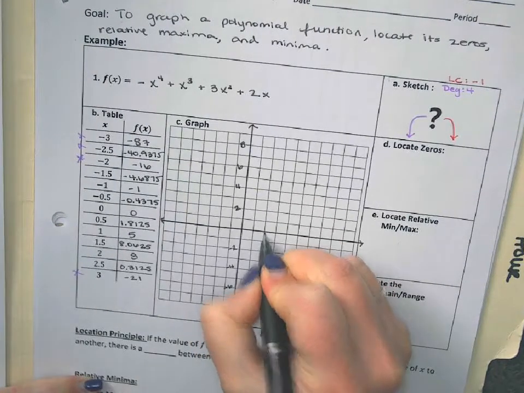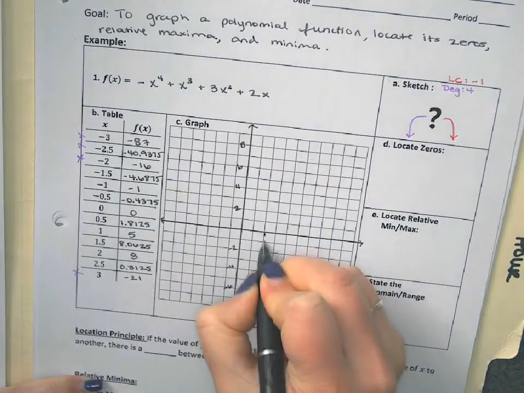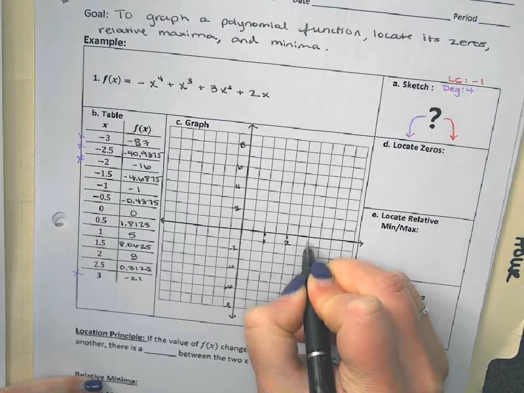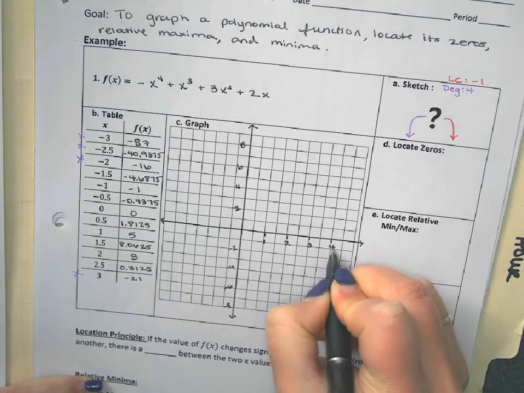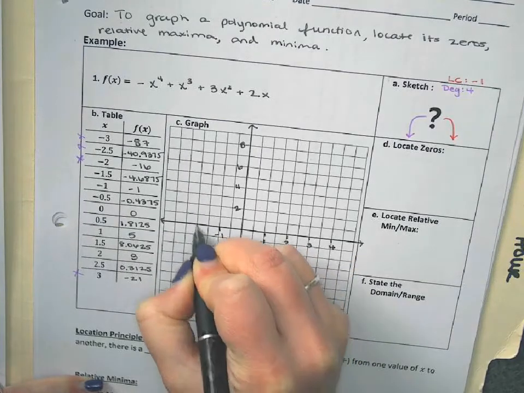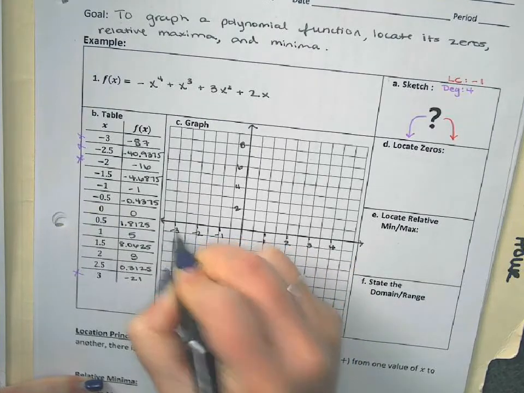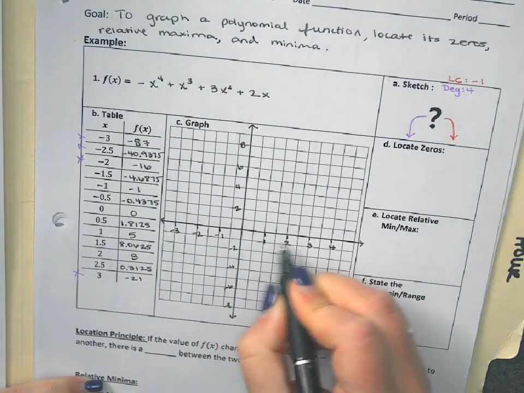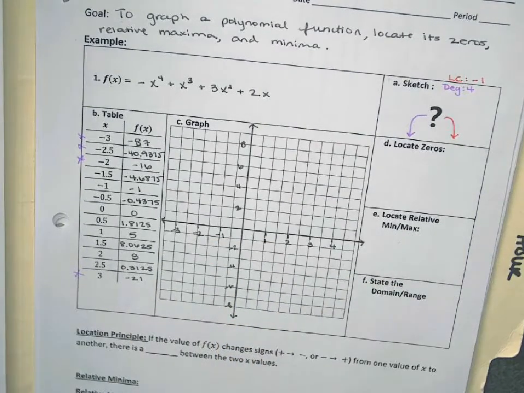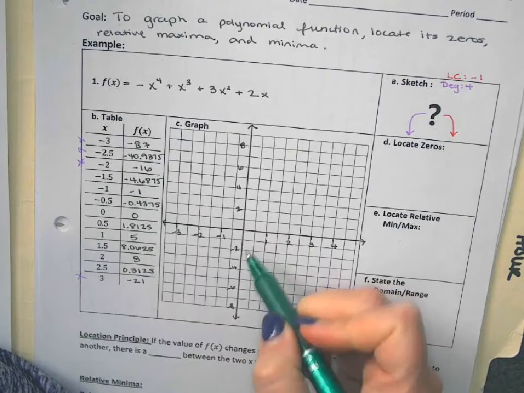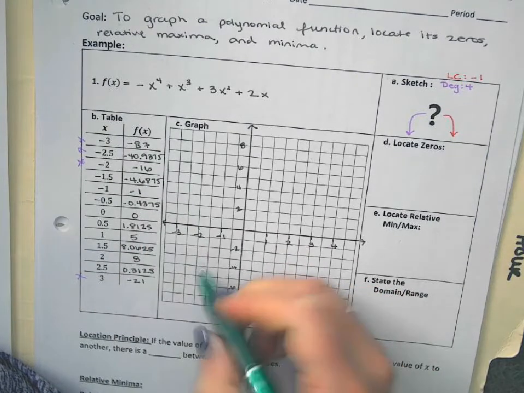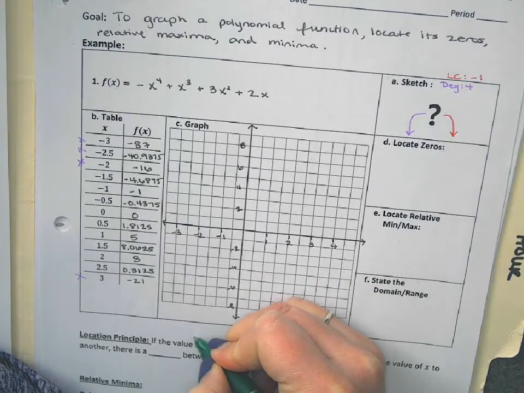Because I have halves labeled, I'm going to have this be 1, this be 2, this be 3. That way I can label a half: 1, 1.5, 2, 2.5, 3, and label as much as I can. Now I'm going to plot these points. Negative 2, negative 16, I know it's way off the graph.